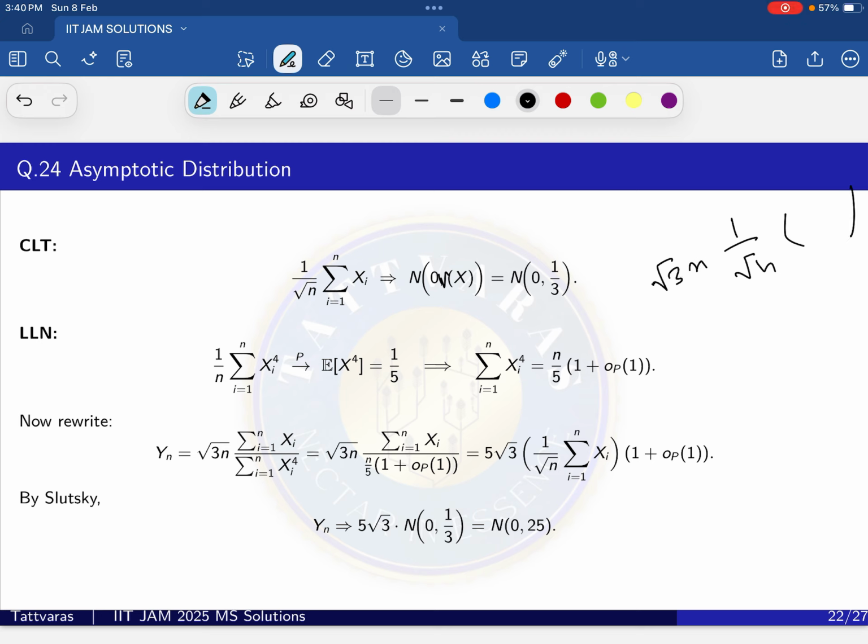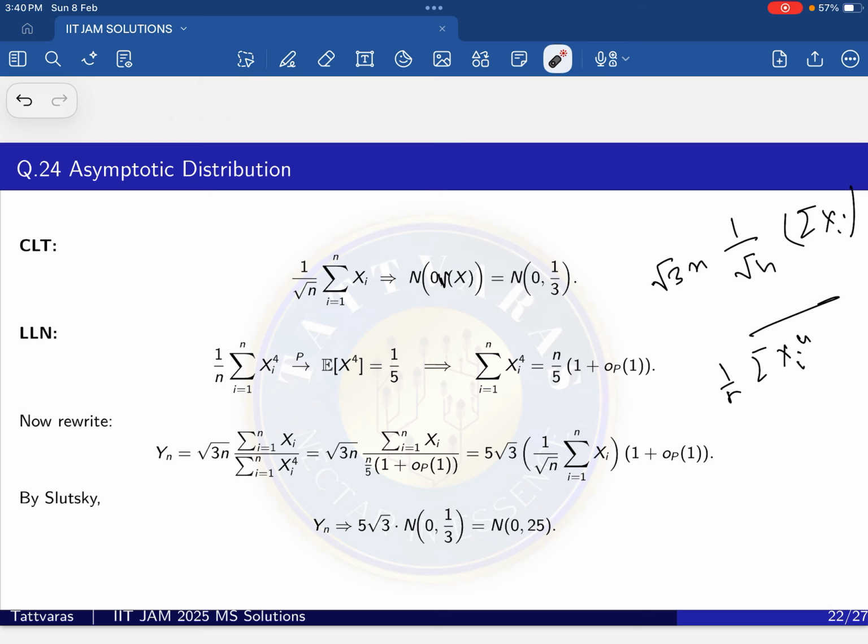So this 1 over square root n summation Xi will be there, and this 1 over n summation Xi to the power 4 will also be over there. So this whole thing can be written like this. I hope it's clear. This 5 is coming from this expectation, and this small op term is something that goes in probability to 0. So this 1 plus small op 1 goes in probability to 1.